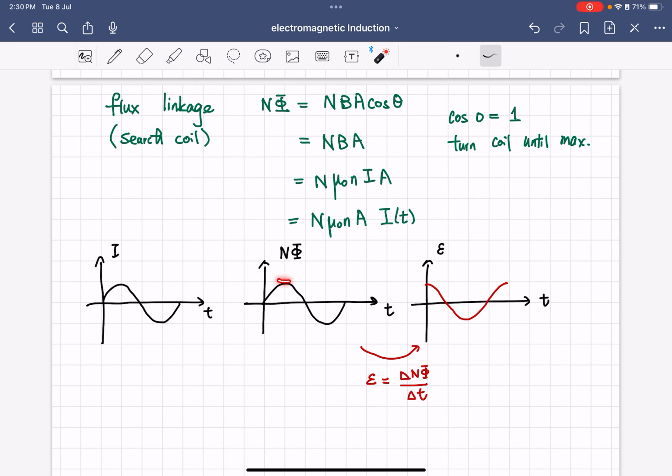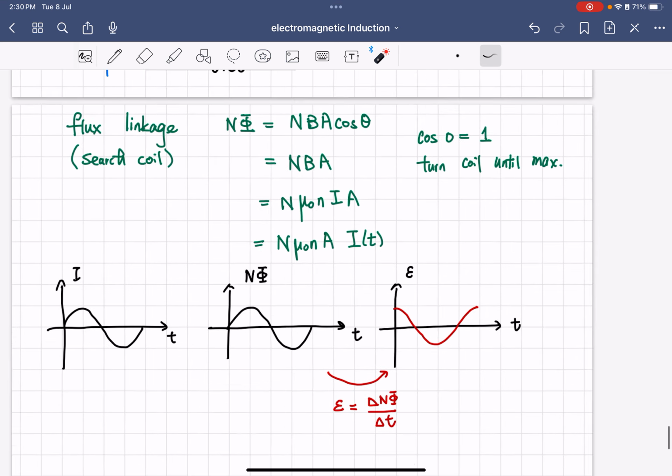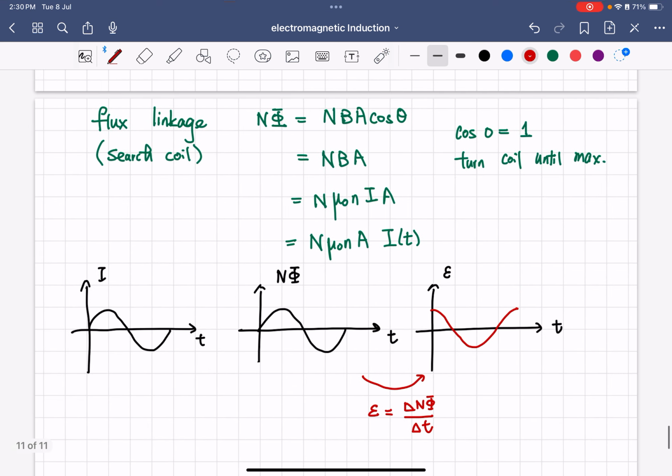You get zero gradient at these two points, and you get positive gradient and then negative gradient, so positive value, negative value, and then finally positive gradient, so positive value. So on the CRO, you will find a shape like this. You see a sine curve tracing out on the CRO, as long as you're using the right setting.